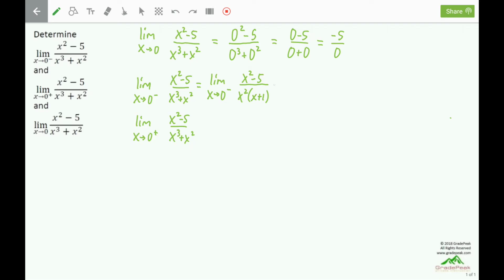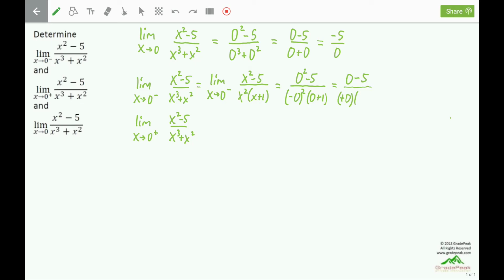Now that 0 can plug in for all x's, giving 0 squared minus 5 in the numerator. We just have to analyze the factor that's making the 0 in the denominator. We're to the left side of 0, so it will be a negative number, but then it is approaching 0, and then have that squared, and then plug 0 in for all remaining x's. In the numerator, 0 squared is 0 minus 5. In the denominator, negative 0 squared will become a positive 0.